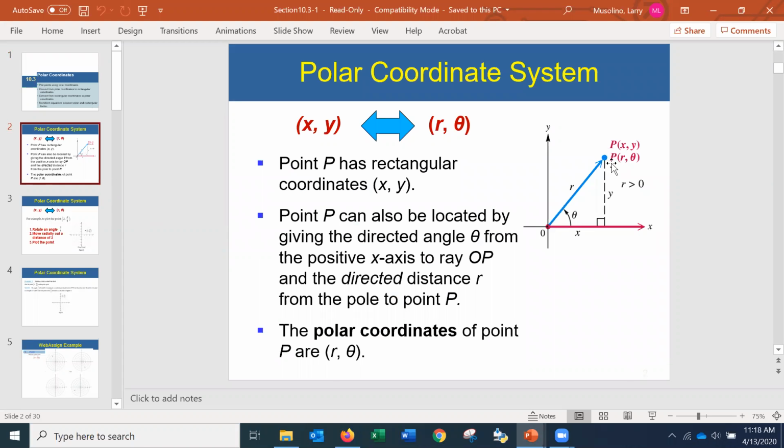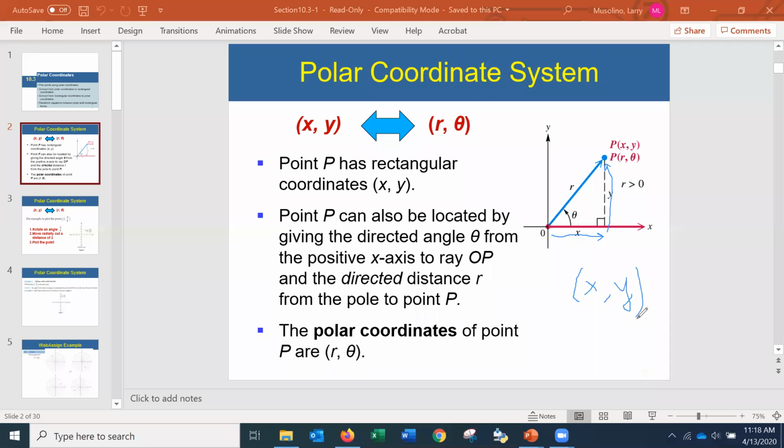Take this blue dot. This blue dot can really be located one of two ways. I could write it in XY coordinates. So if I went horizontally X and vertically Y, that would get me to the blue dot. And you've done that in algebra for many years. Thinking back to your math career, you're a veteran of writing in XY coordinates.